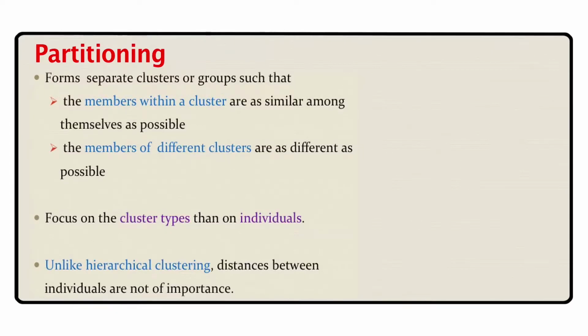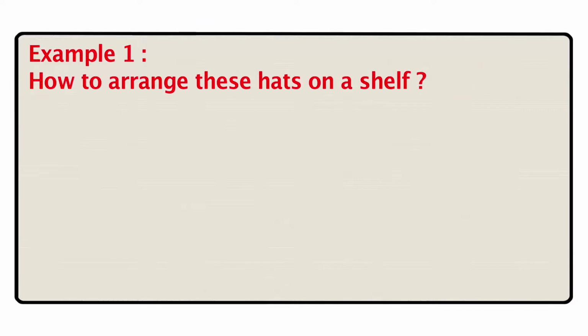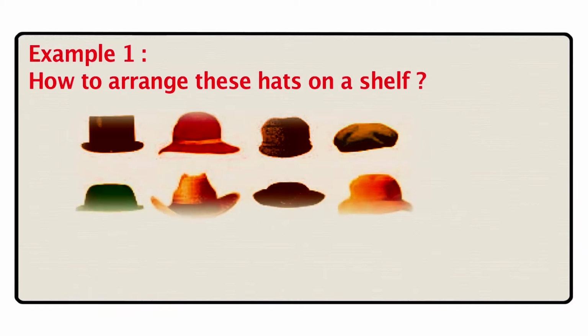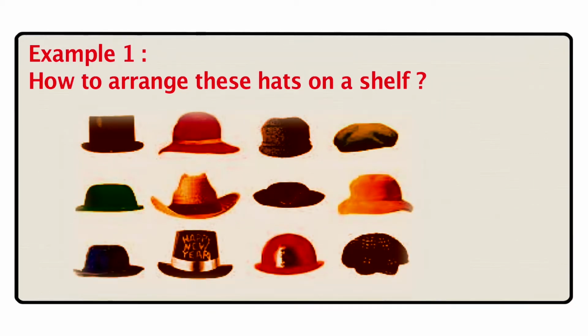Let us look at a few examples of partitioning. First of them is how to arrange these hats on a shelf. For example, a shopkeeper who sells these hats has different types of hats.